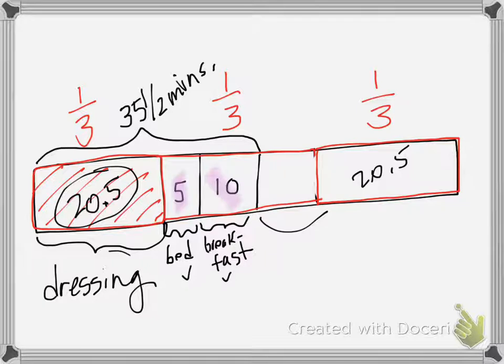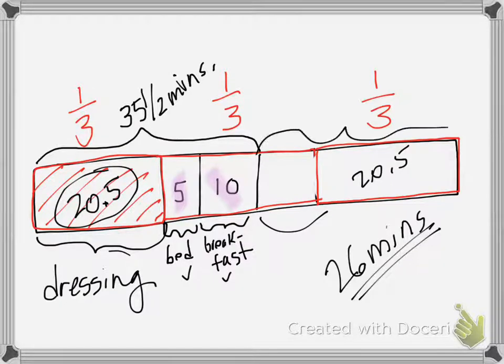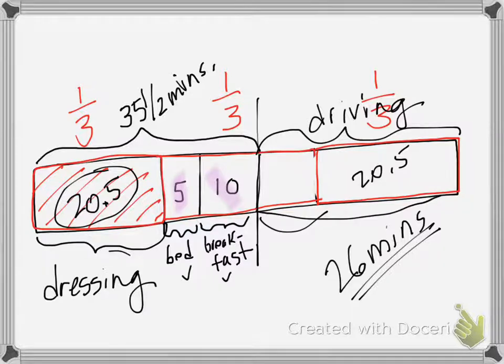But when you're looking for reasonableness of 26 minutes, this whole thing is driving. And it's reasonable to think that piece could be 26 minutes because it's really close to the same size from here to here as from here to here. Again, just checking for reasonableness with a bar model.